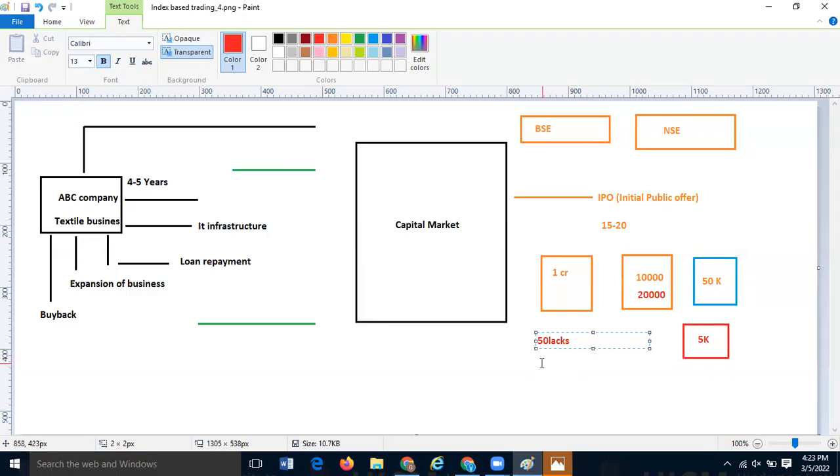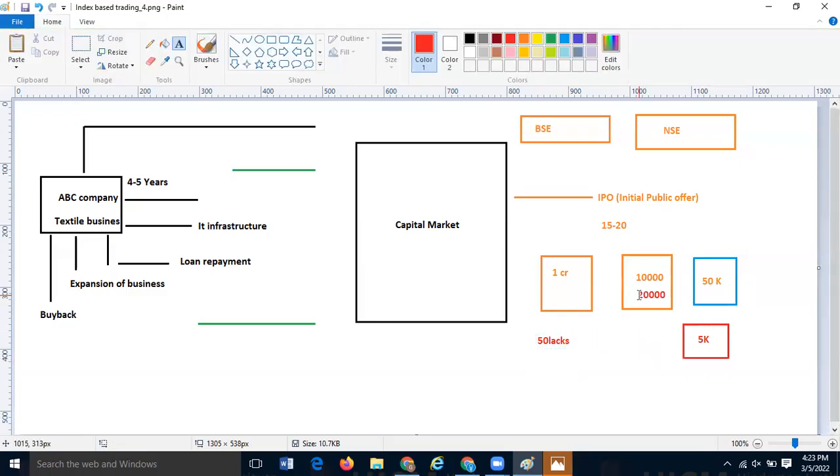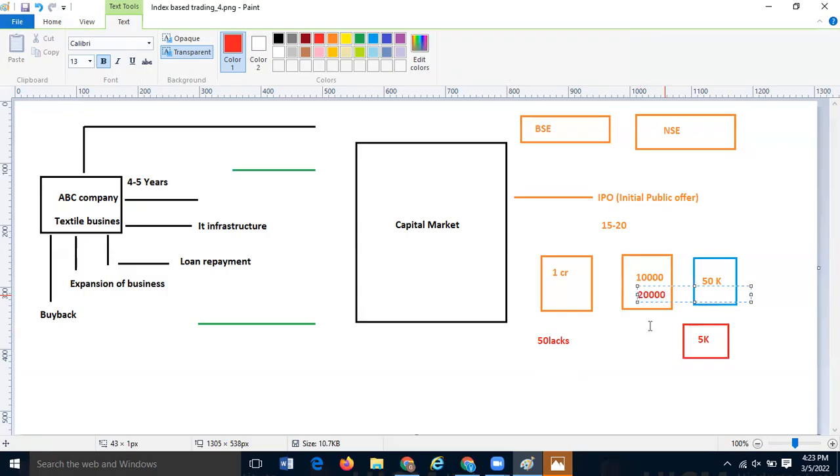The more people there are, the less everybody gets. 25 lakh rupees divided among 10,000 shares, and 25 lakh rupees divided among 20,000 shares, so everybody gets less.